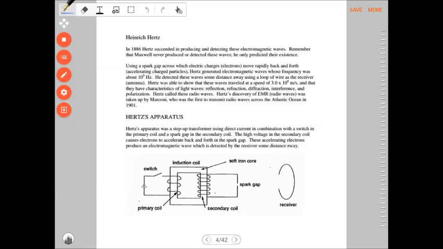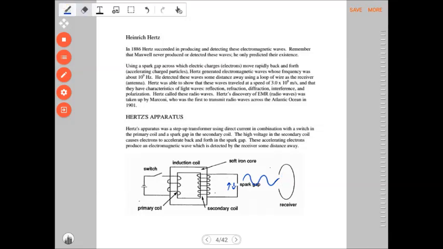These accelerating electrons produced an electromagnetic wave which is detected by a receiver some distance away. So basically, when this apparatus was going, there would be electrons moving across this spark gap back and forth. And of course the moving electrons made the changing electric field, changing magnetic field, that was then detected over here at the antenna.